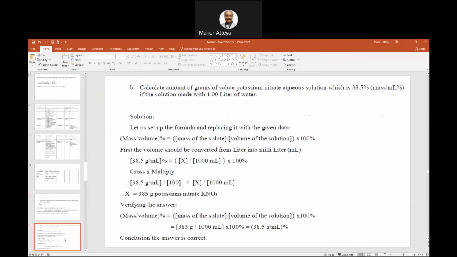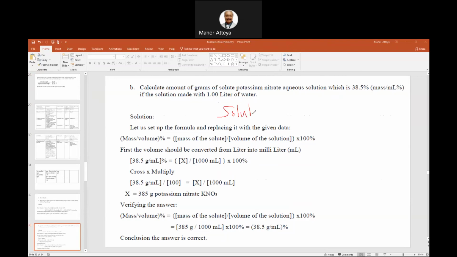Calculate the amount of the solute, and the solution is made of a solute and the solvent. We'll come back to that in next chapter to look at the polarity. So a solution is made of, what is the solution?